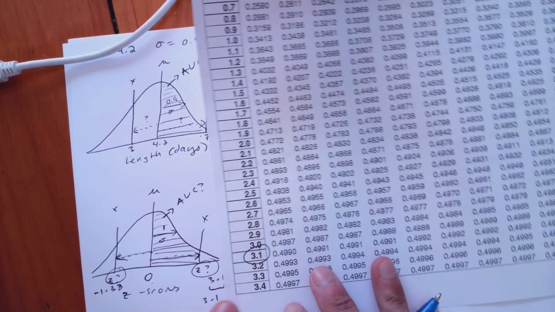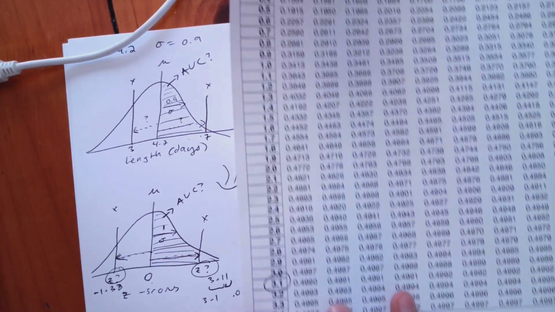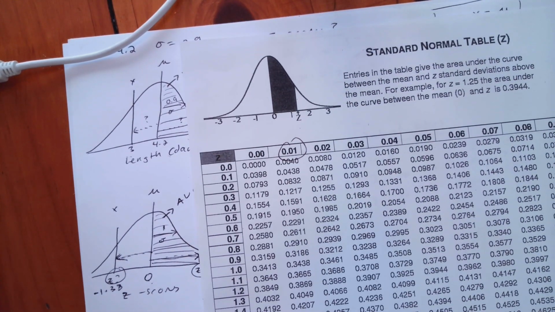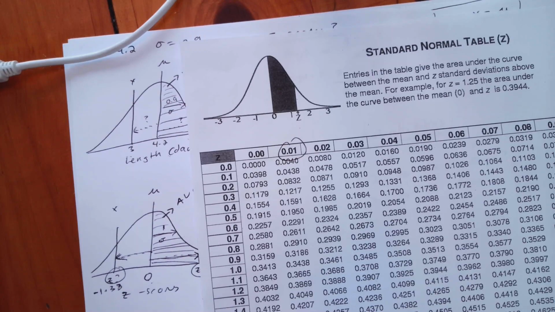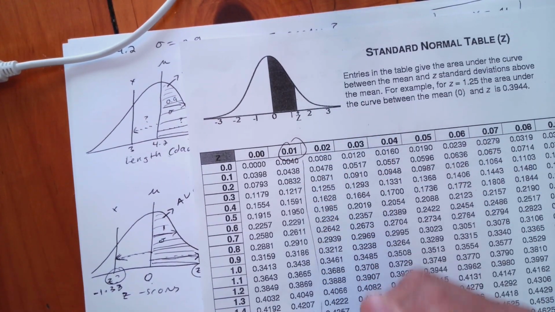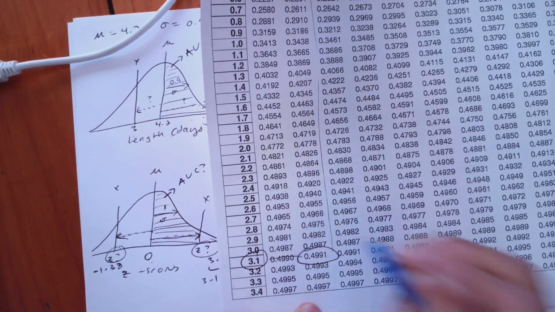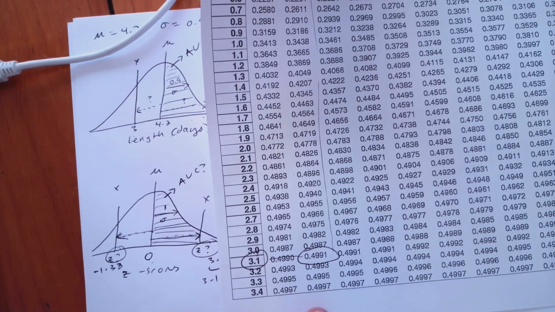See, 3.1, that's our first two digits of our z-score. And our third digit is a 1, so we're going to go over here. And where these two things intersect is going to be our answer. So they intersect at this value here, which is 0.4991.